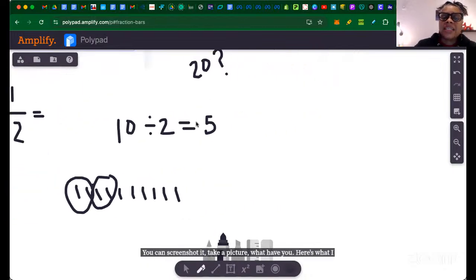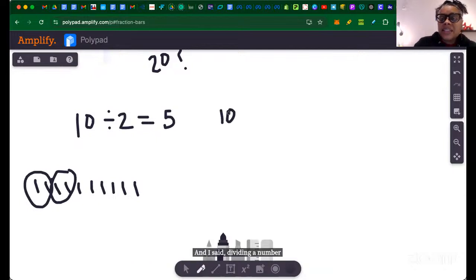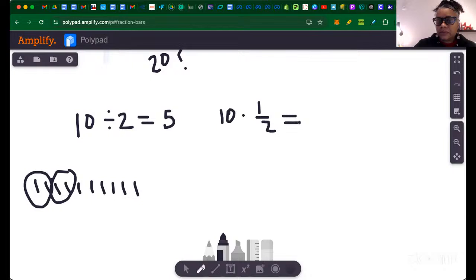Let's go back to 10 divided by 2 equals 5. And I said dividing a number is the same as multiplying by its reciprocal. The reciprocal of 2 is 1/2. That's 10 times 1, 10 over 2 is 5.